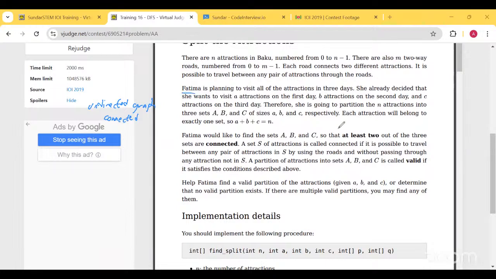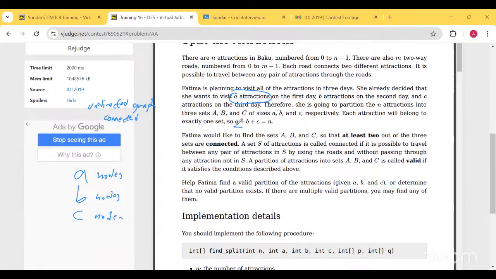There is a character who wants to visit the attractions in 3 days. So let's say we want to divide the graph into three groups. The first group has A attractions or A nodes. The second group, B nodes. And the third group, C nodes.